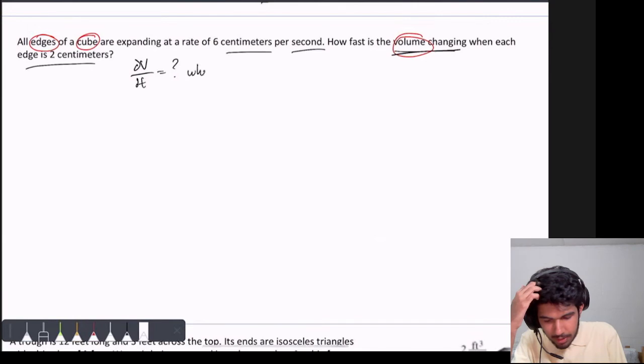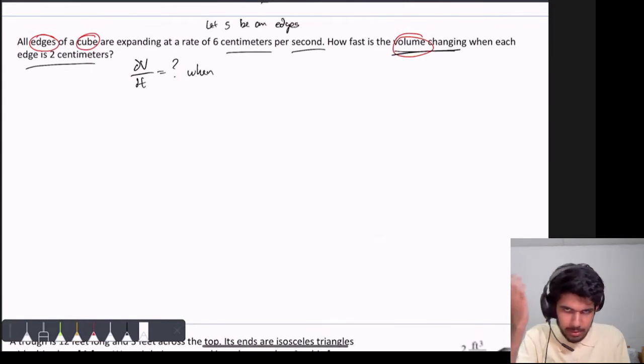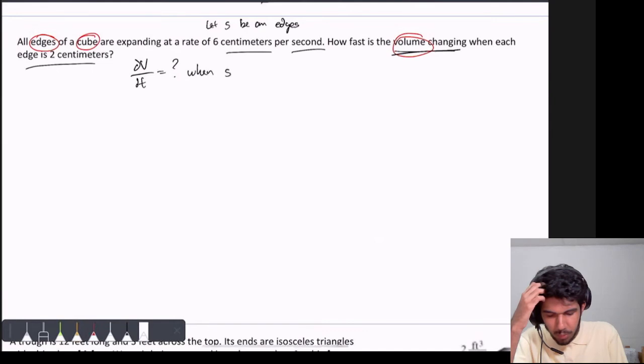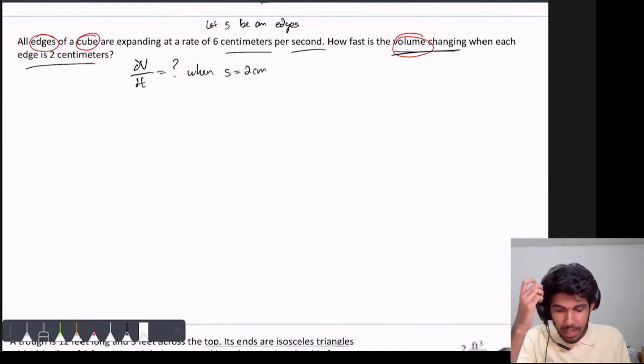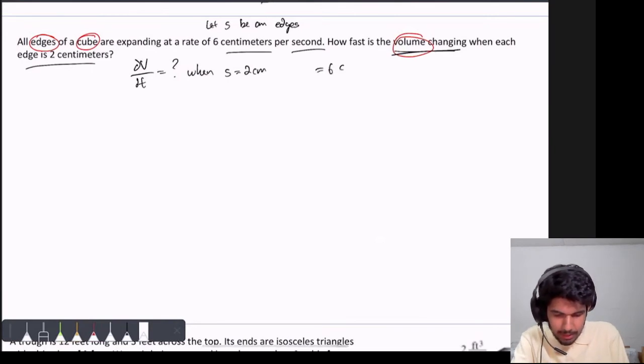When each edge, I'll just say let s be an edge, and all edges are the same because it's a cube, when s equals 2 cm. And we're also given that the edges expand at a rate of 6 centimeters per second. So something equals 6 centimeters per second.